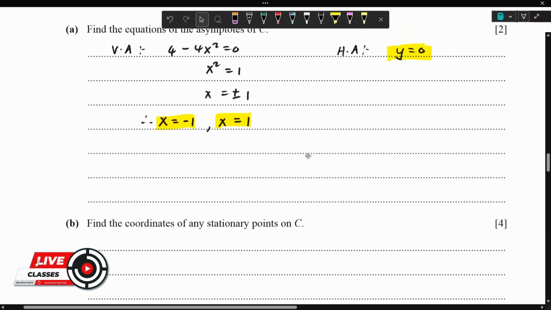Part B, find the coordinates of any stationary points on C. All right, so let's take down the equation.